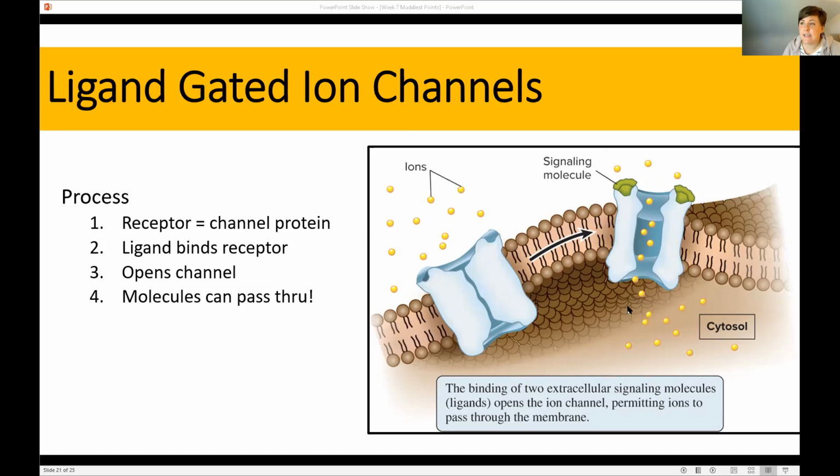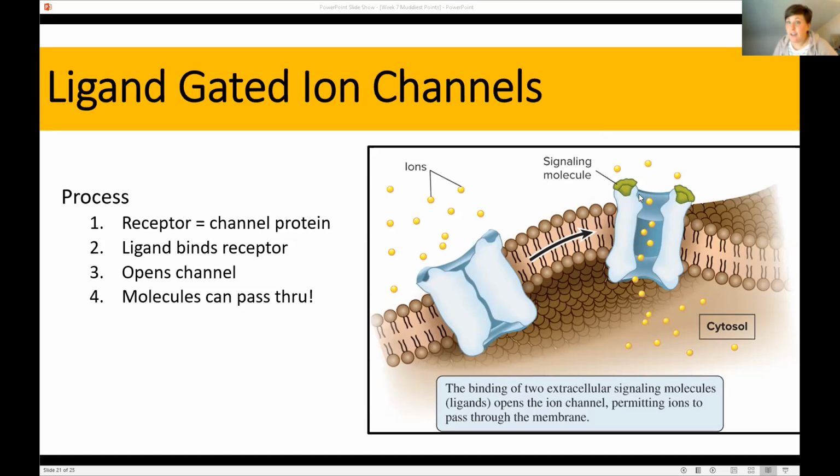So ligand-gated ion channels basically are just like closed doors that if you have the key to the lock, open. I guess you could say that the signaling molecule is sort of like a garage keypad where you put in your garage code and then the garage opens, right? You can't enter the garage without opening the garage door, and you have to put the key code in to open the garage door.